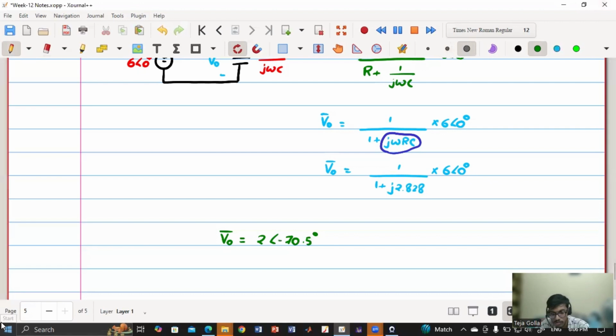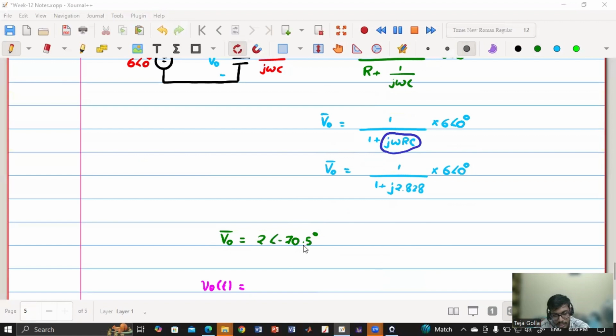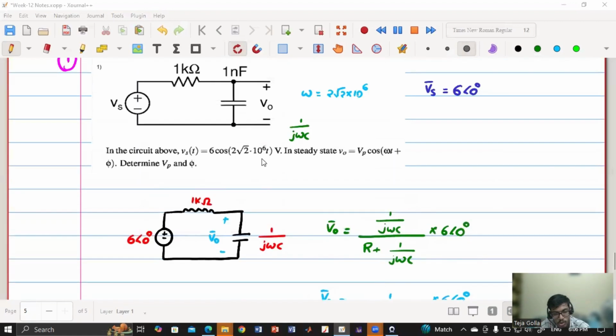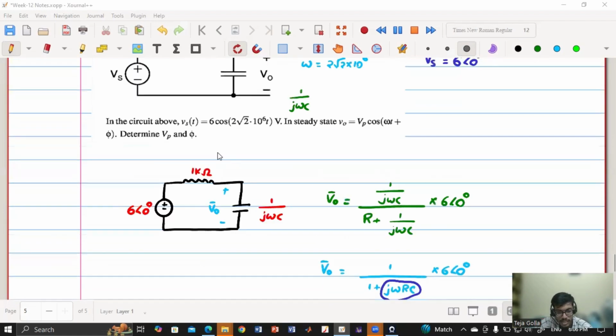Okay, so now I have got V0. If I want to calculate V0 of t, what will it be? You just check and let me know whether you are getting the same. V0 phasor is this, and omega is 2 root 2 into 10 to the power 6. What will be V0 of t in terms of cos?